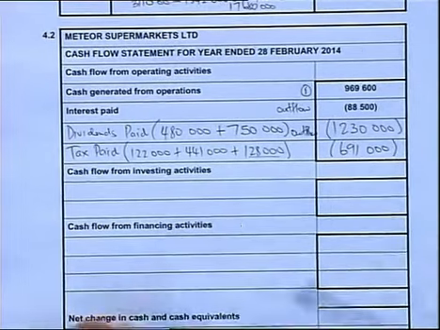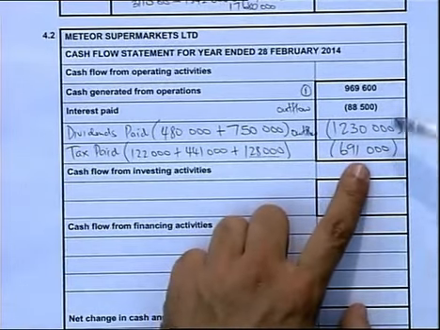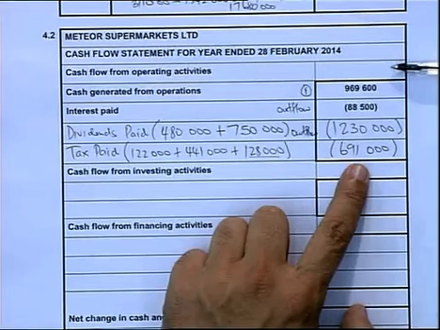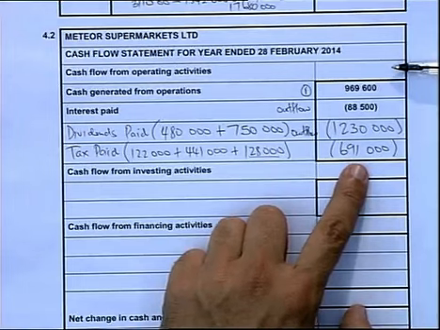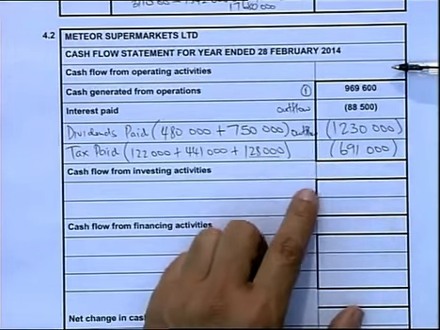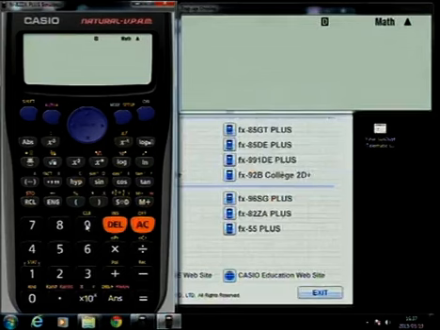Right. Then, because we have all four figures now, we can calculate the amount for cash flows from operating activities. The first two figures are given, so you need to make sure that you use those two figures when you want to get the final answer.